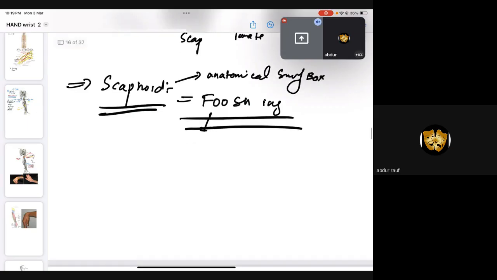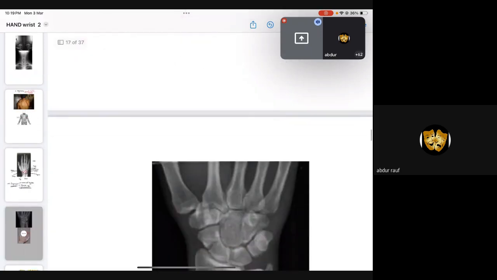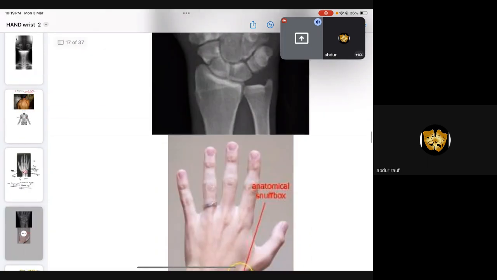We can have two kinds of problems with the scaphoid. One is push injury, which we discussed. We can also have avascular necrosis. What do we mean by avascular necrosis? The scaphoid is supplied by the radial artery, right?